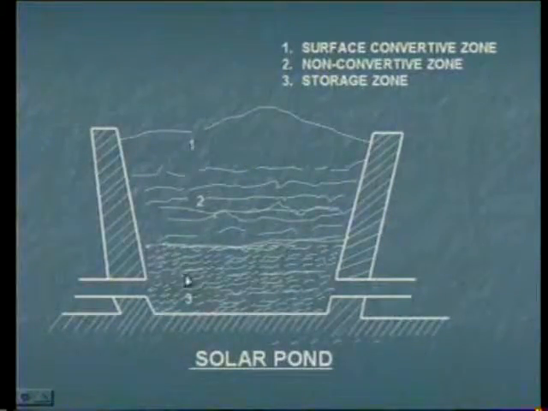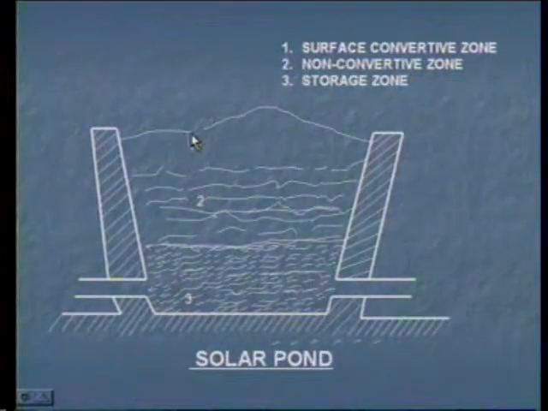For example, here if you consider a solar pond, it has a tapered cross section, so the cross section moving towards the bottom is narrowed. It contains water, the solar incident radiation falls on the water, and the bottom surface is covered with black coke. So the solar incident radiation is absorbed by this absorber.